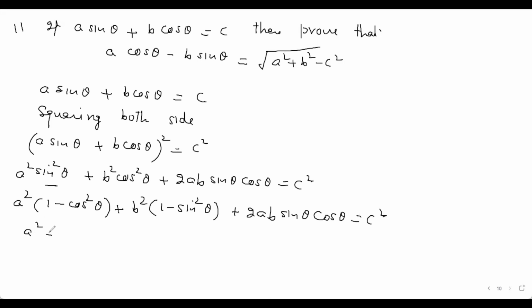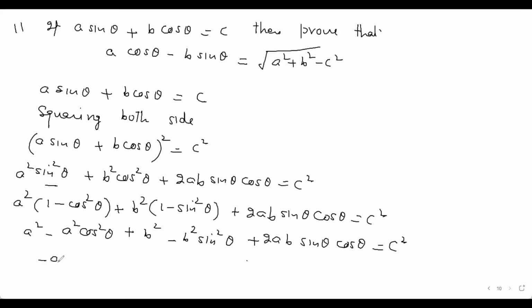This is a square minus a square cos square theta plus b square minus b square sine square theta plus 2ab sine theta cos theta is equal to c square. It means minus a square cos square theta minus b square sine square theta plus 2ab sine theta cos theta is equal to c square minus a square minus b square.